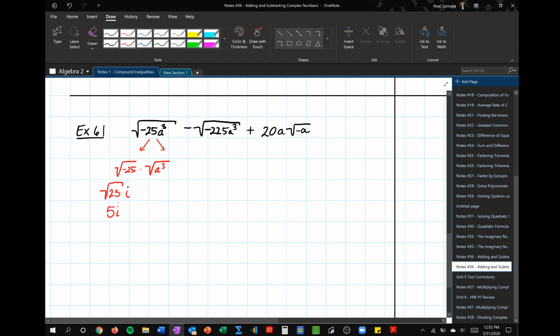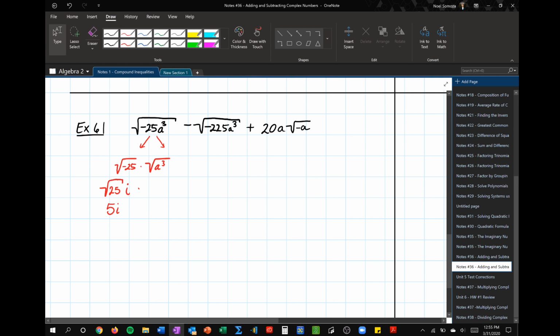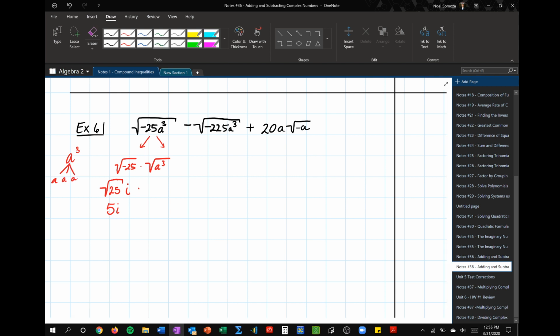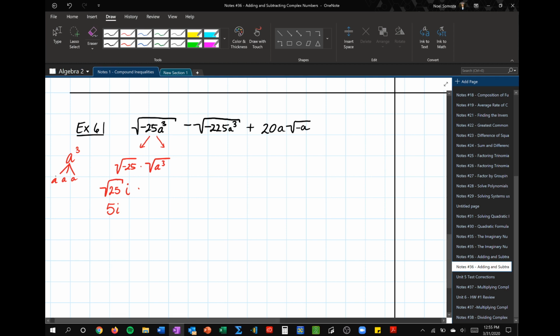Now how do we deal with this part, the square root of a to the third? Well, same way you would with a factor tree. Let's say you had a to the third. Doesn't that represent a times a times a? Remember that you're looking for a pair, a group of 2. Well, I have a group of 2 here, and then I have one a left over.